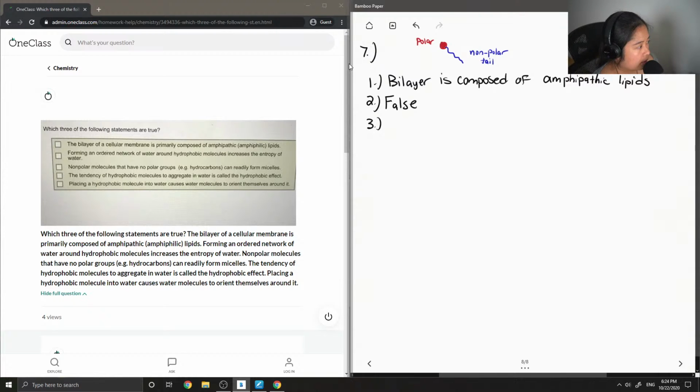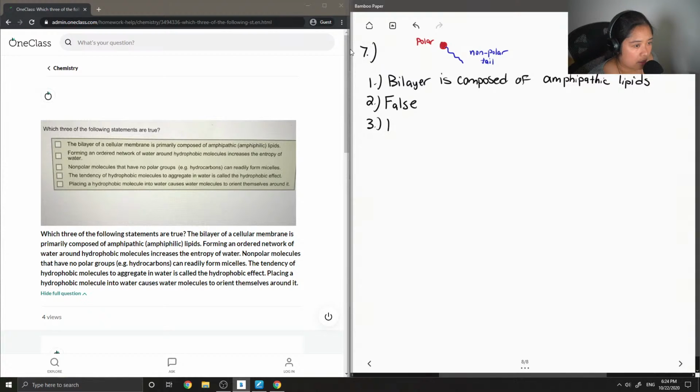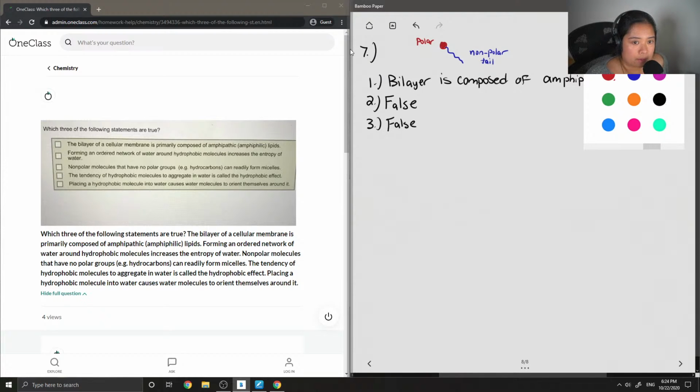3. Nonpolar molecules that have no polar groups can readily form micelles. So this is also false. And I'll say why. Because micelles look like this.